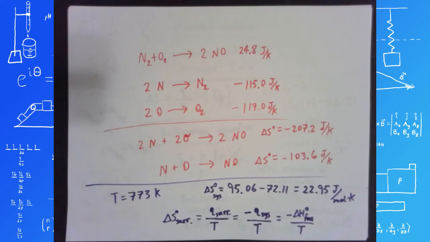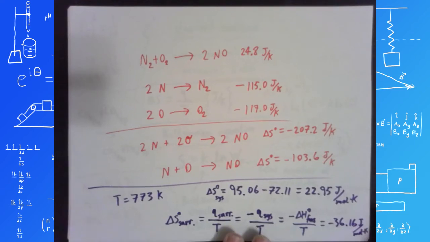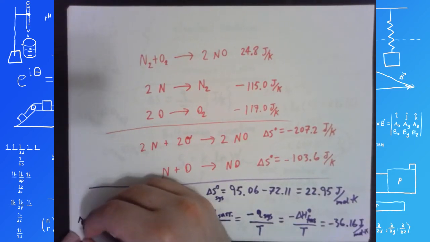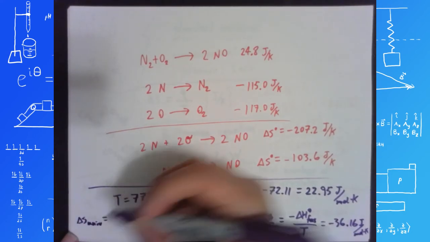Negative 27.95 times 10 to the 3 divided by a temperature of 773 is going to be negative 36.16 joules per mole Kelvin.